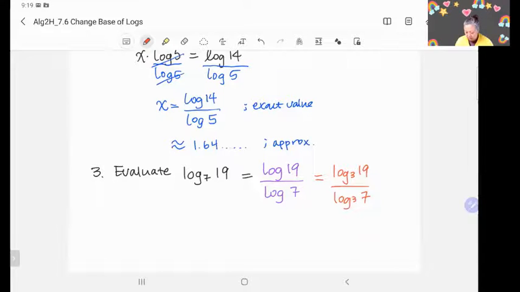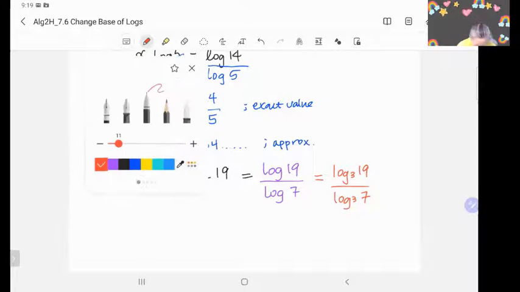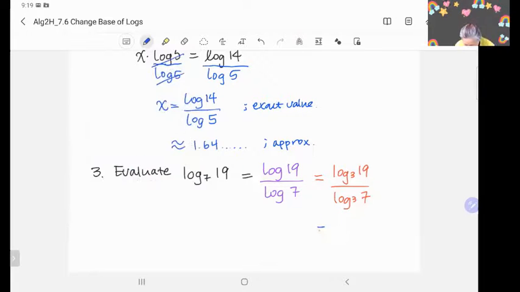This is totally fine too. Then you can do this too: log base 7 of 19 over log base 7 of 7. Why not, right? Then this is log base 7 of 19 over 1, which is the original.